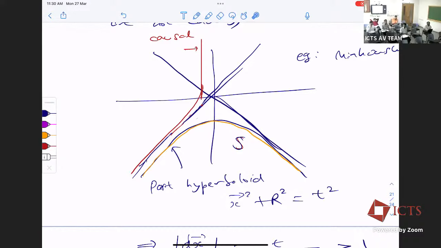So in this example, what would be the future and past Cauchy horizon? Good.